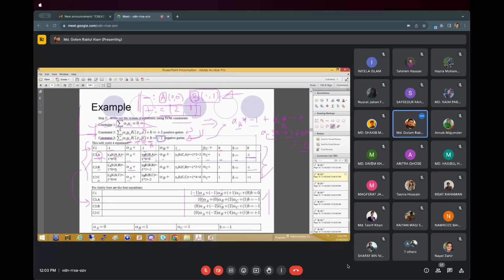Here we can see there is alpha_A, alpha_B, alpha_C, and also our b equal minus 1. So in this way we can find out the values of alpha and also the b.